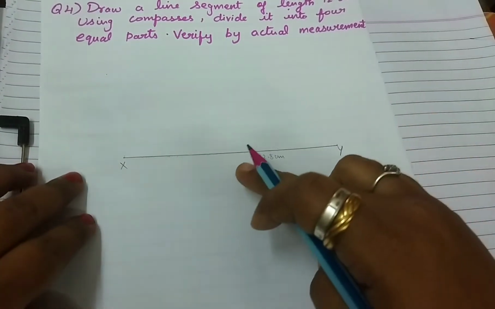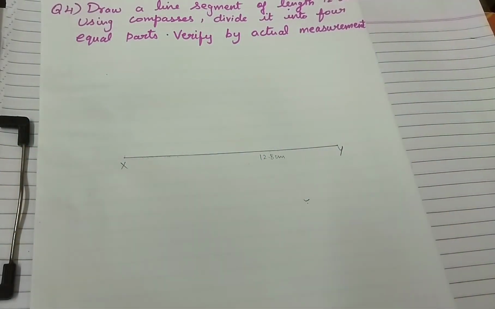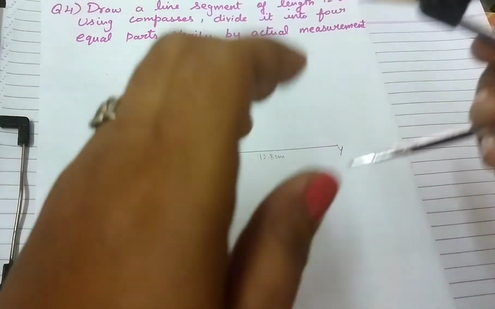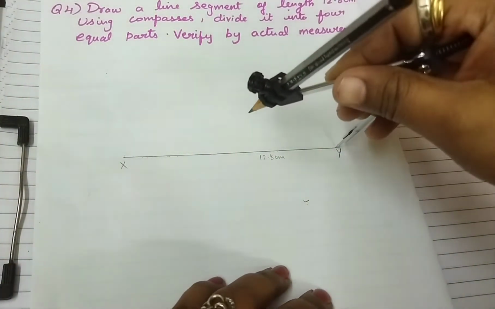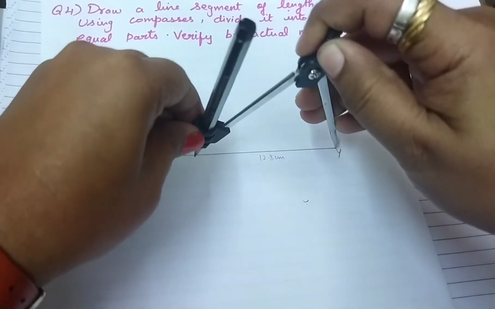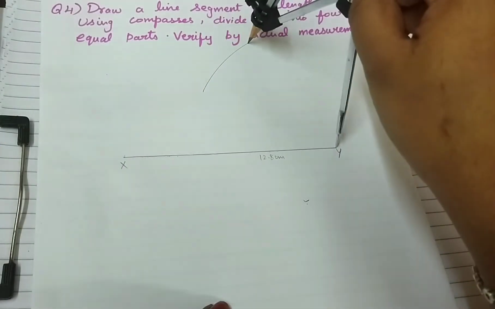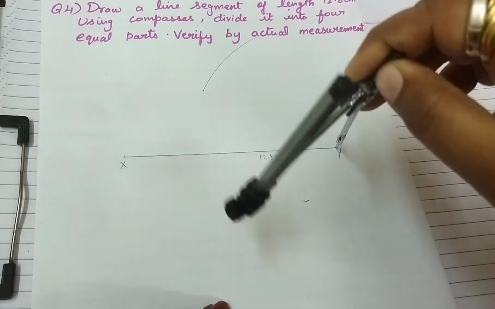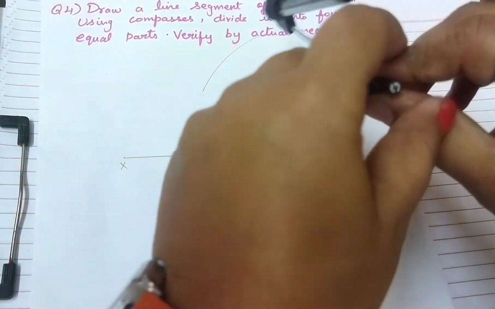Now they said you have to divide this line segment into 4 equal parts. First let me take Y as the center. Take your convenient radius, and the radius should be more than half of this line segment. Now at the top I am drawing an arc, and at the bottom, on either side, you should draw the arc.